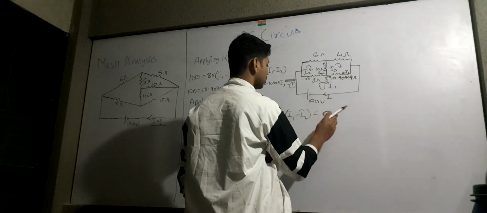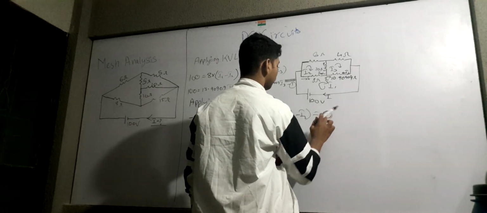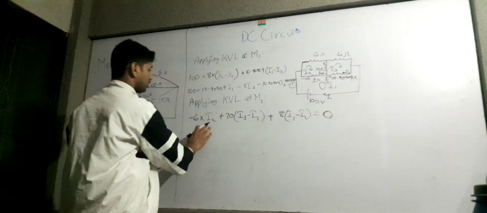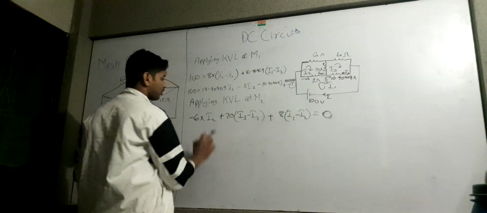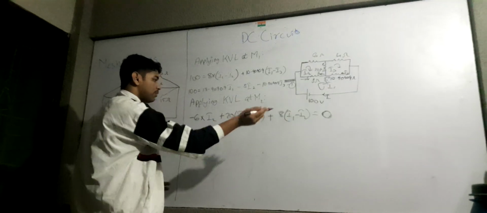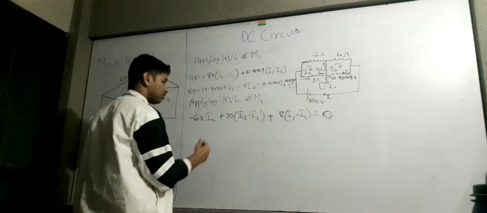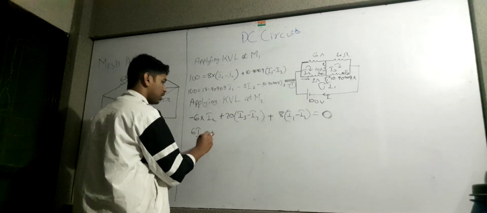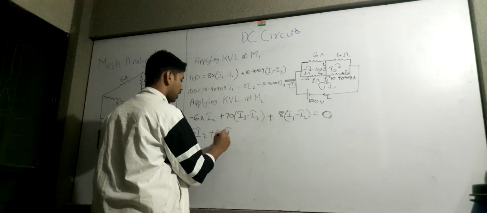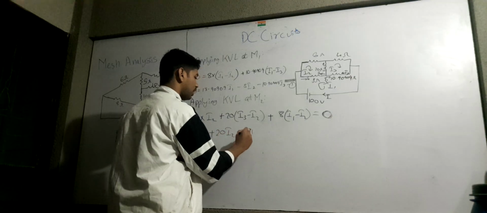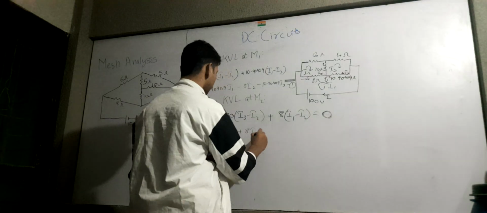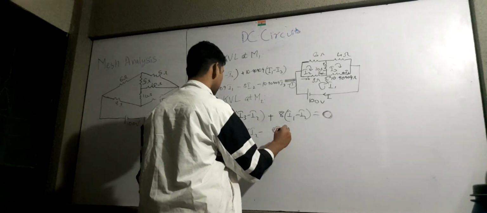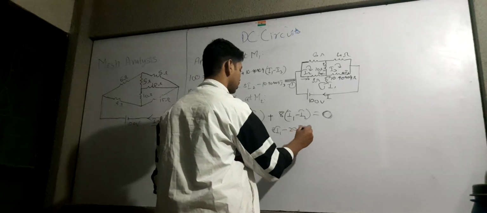Now, since it's Kirchhoff's voltage law, it would always be equal to 0. I don't like keeping the mesh which we are looking at in negative, so I just multiplied it by minus 1 on both sides. So that would be 6I2 plus 20I2 plus 8I2 minus 8I1 minus 20I3.